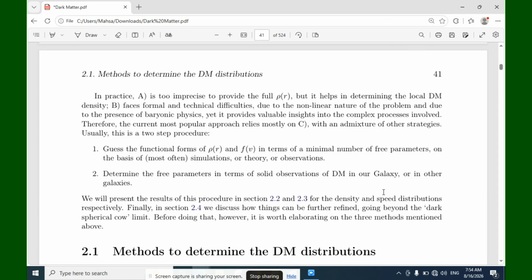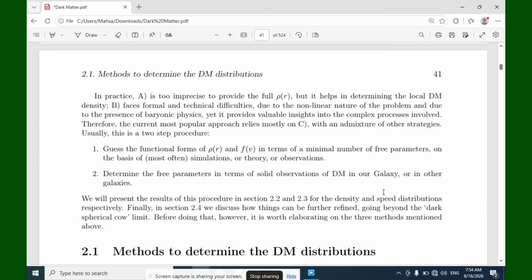Usually, this is a two-step procedure. First, guess the functional forms of ρ(r) and f(v) in terms of a minimal number of free parameters, on the basis of simulations, theory or observations. The second is to determine the free parameters in terms of solid observations of dark matter in our galaxy or in other galaxies.